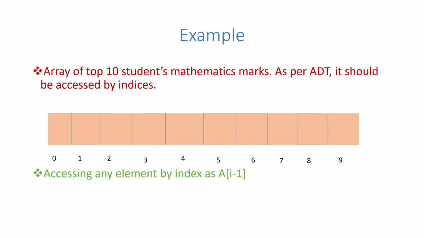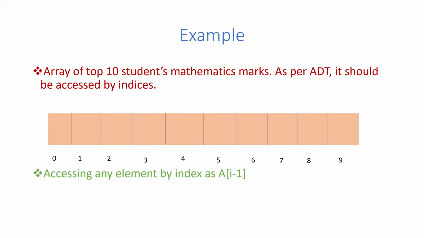So remember, in Python, indexing starts from 0, so 0 up till 9. Now let's name our array A. To access the first student's marks, what would you write? You will write A[0]. You can see here, accessing any element by index is A[i-1], because indexing starts from 0 here.